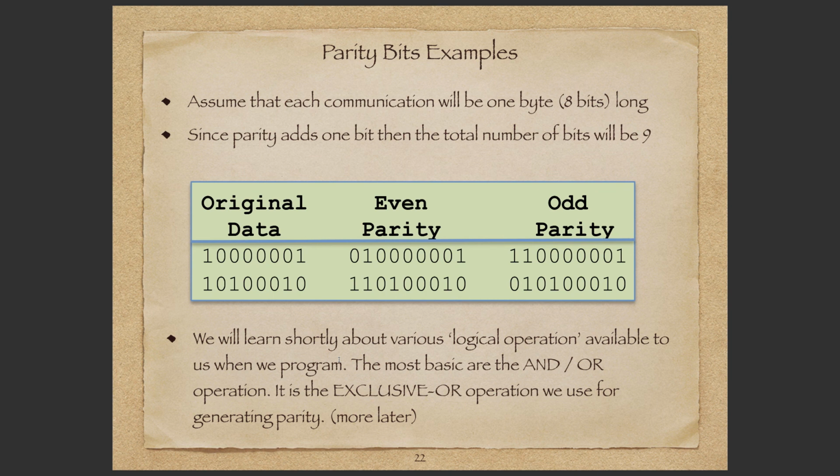So the scheme was you would count the number of ones, and if the number of ones, including the parity bit, was even, you would say you had even parity. If the number of ones, including the parity bit, was odd, you would say you had odd parity.